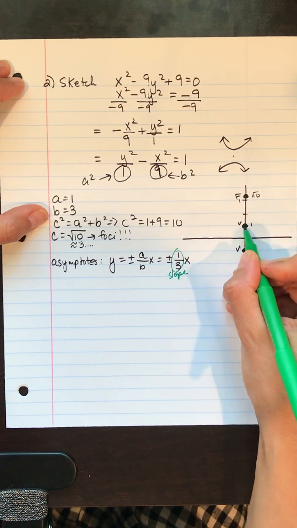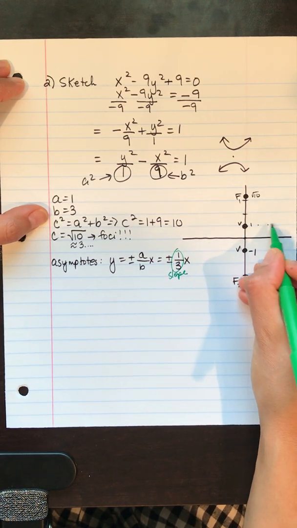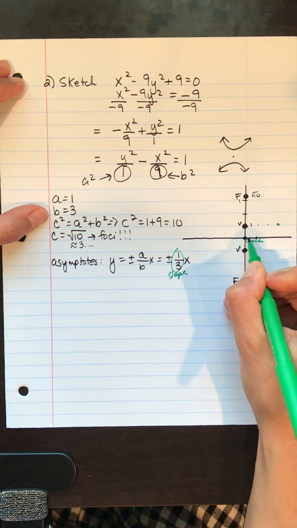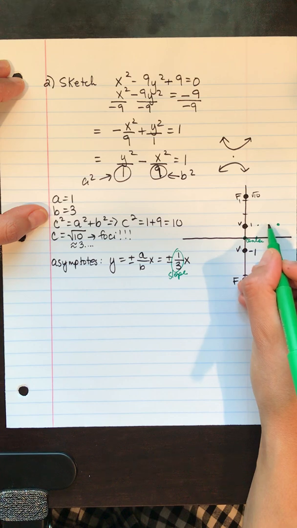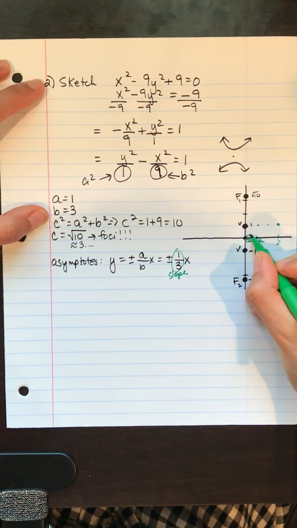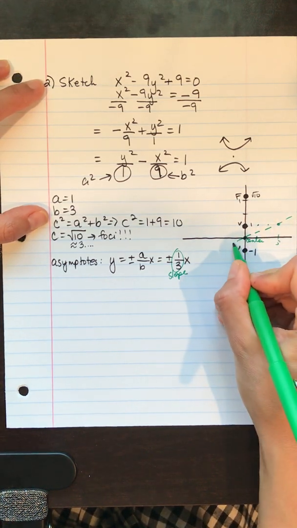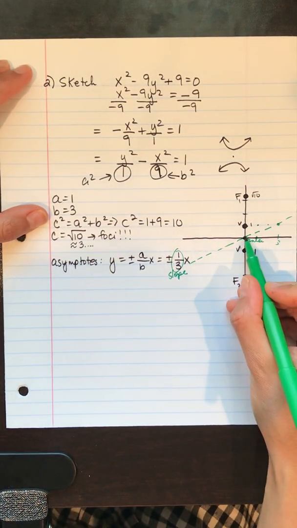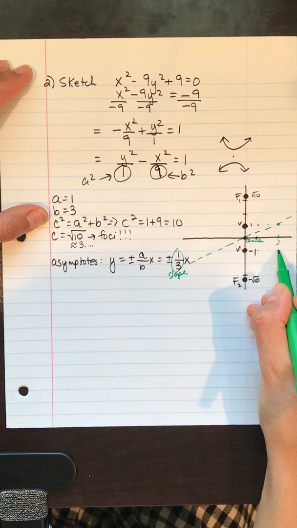I go up 1 over 3. 1, 2, 3. So if this is the center right there, I go up 1, 1, 2, 3. And I connect and I make a line. And then I have to do the negative slope. So down 1 over 3.